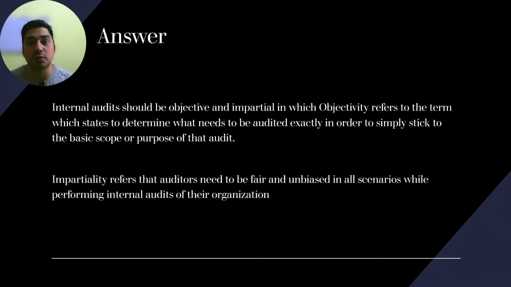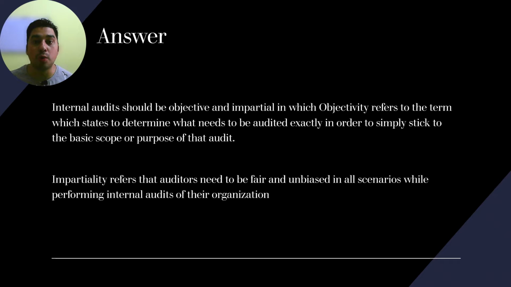Objective: what needs to be audited. To simplify, stick to the basic scope or purpose of that audit. That is the objective of the audit, what needs to be audited. An audit has one circle, one boundary.